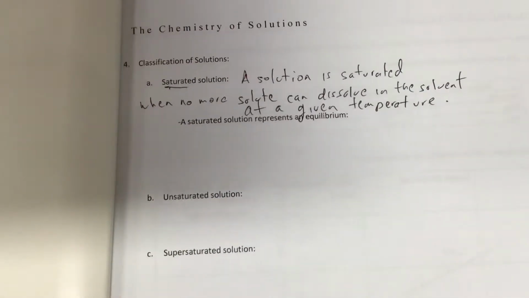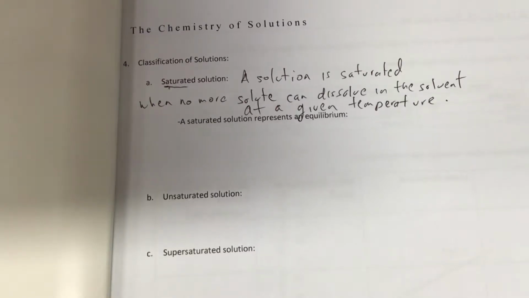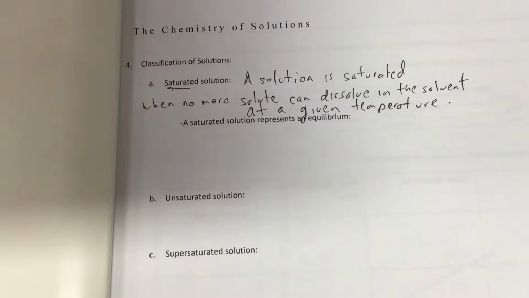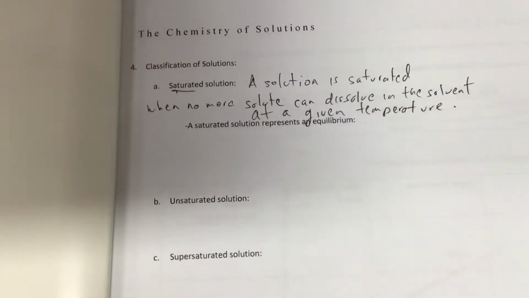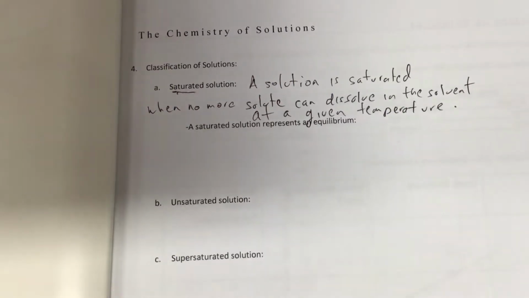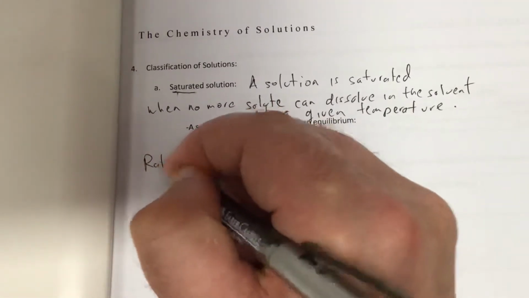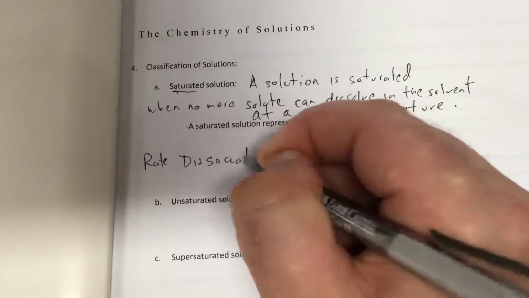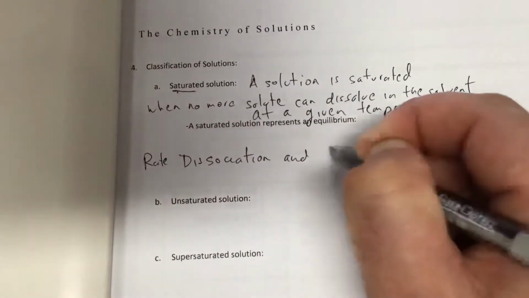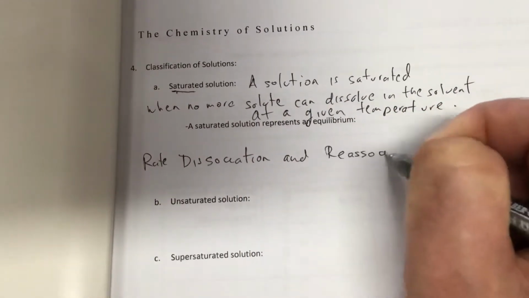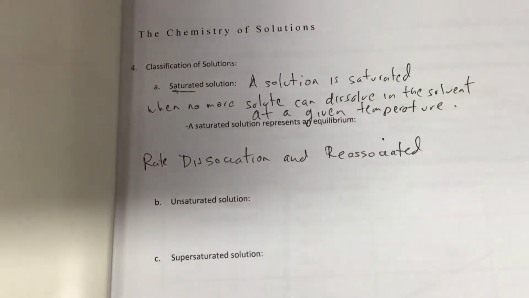A saturated solution represents an equilibrium, so that's the amount of dissociation and reassociation of ions. The rate of dissociation and reassociation are similar.